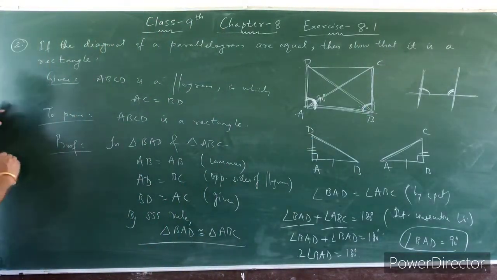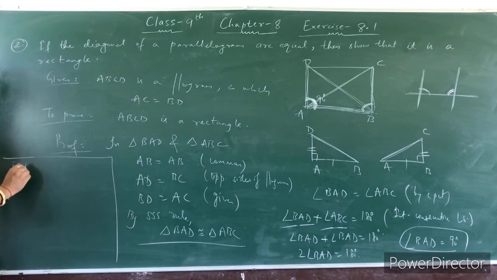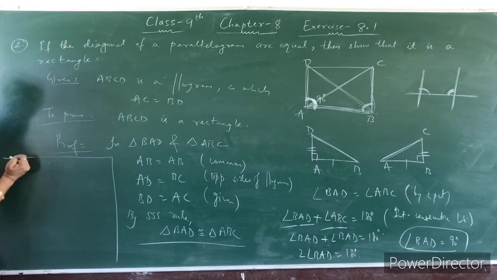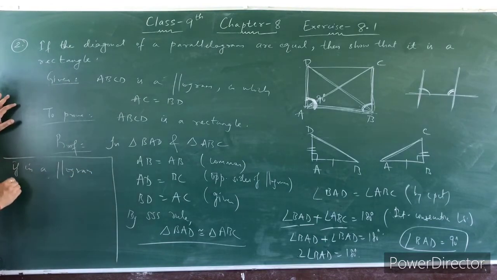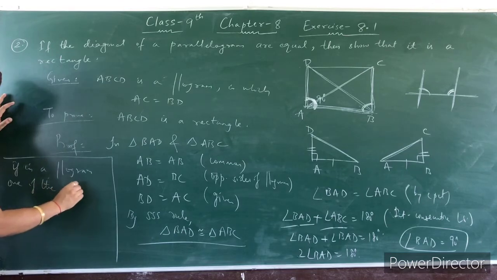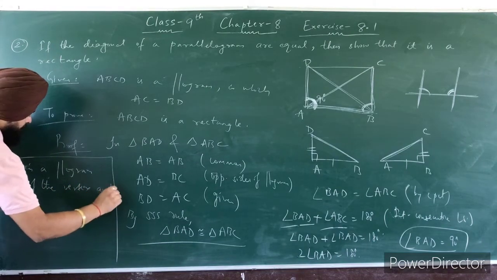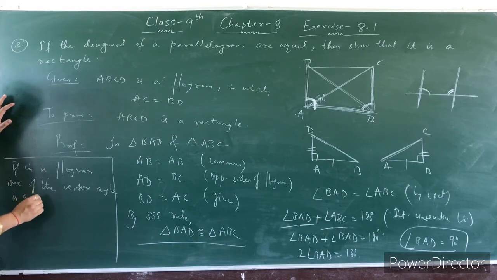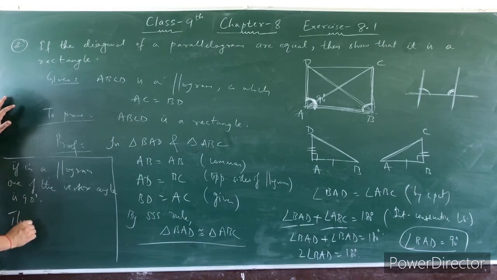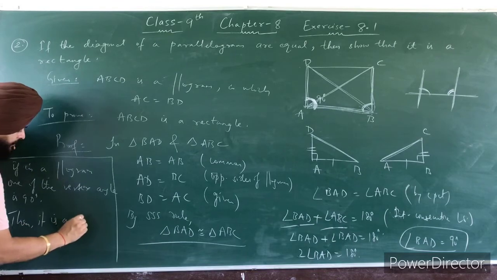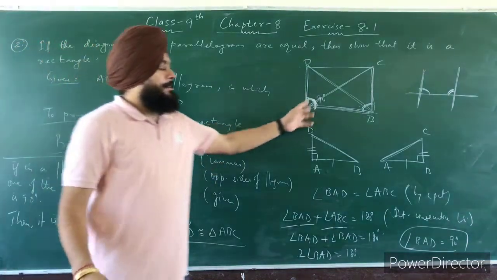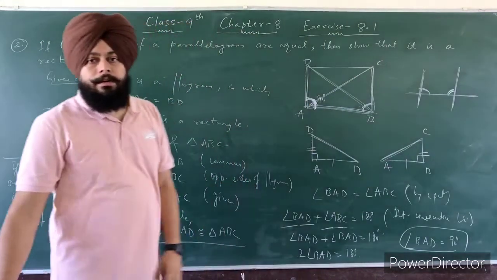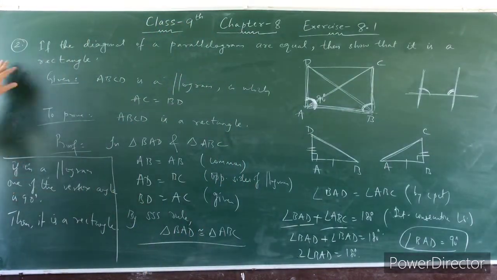So right here, if in a parallelogram one of the vertex angles is 90 degrees, then the given parallelogram is a rectangle. Clear, students? So this is your question number 2.